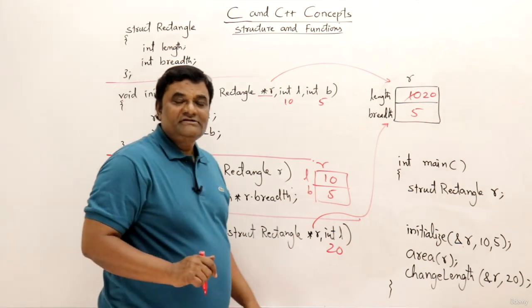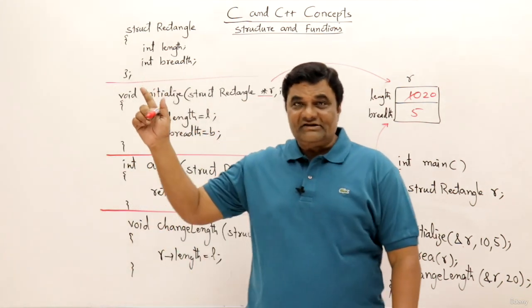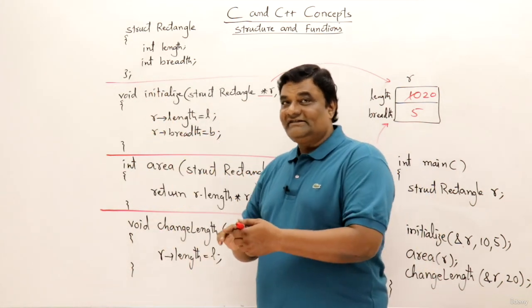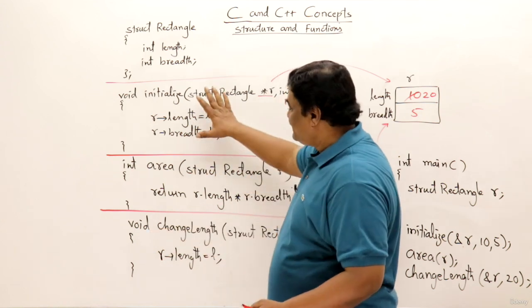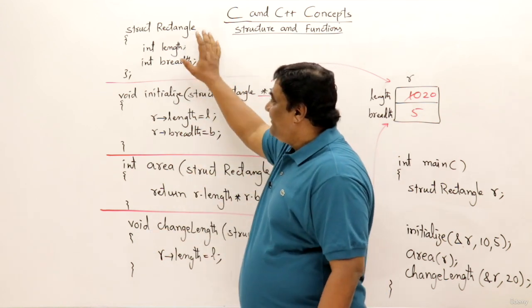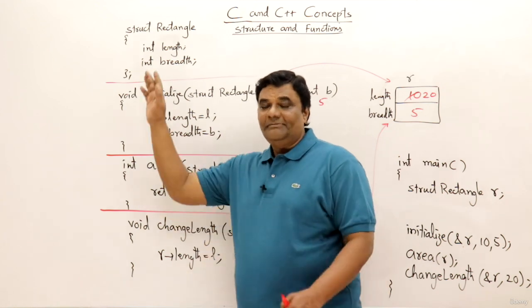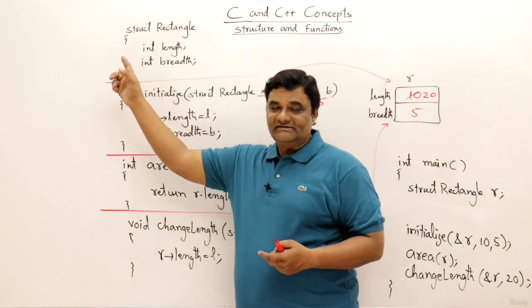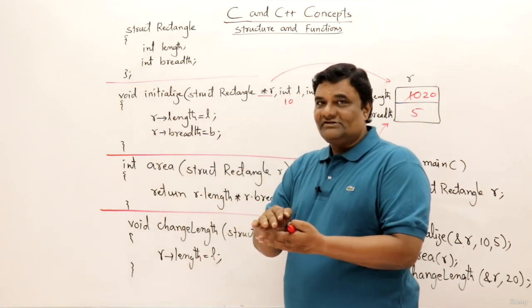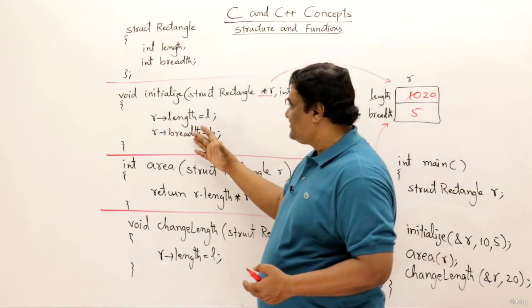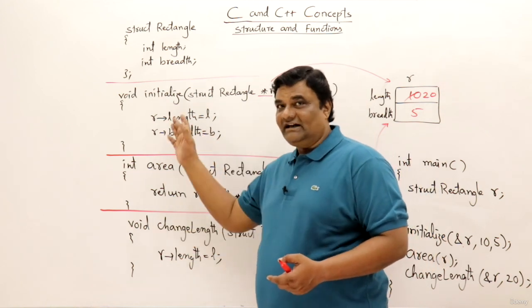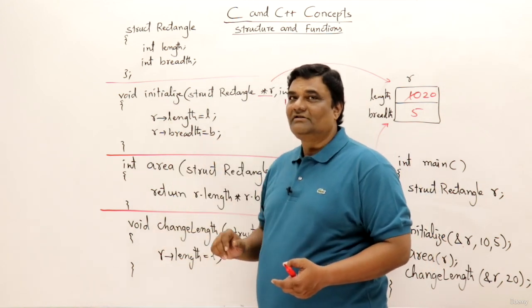So all these functions are related to that structure only. So in C programming, this is the highest level of programming, where we define the structure and we write all the functions related to that structure, because grouping of data in one place is a structure, and grouping the instructions for performing a task is a function. So this is the style we follow in C language.